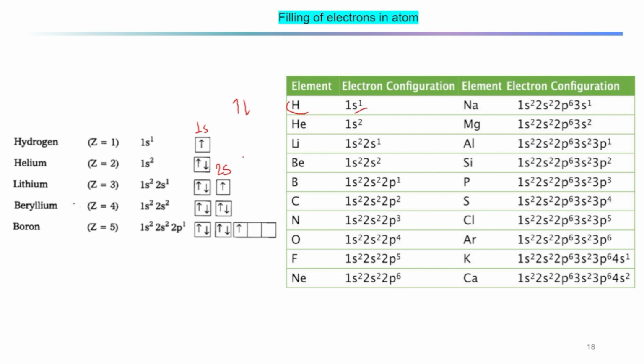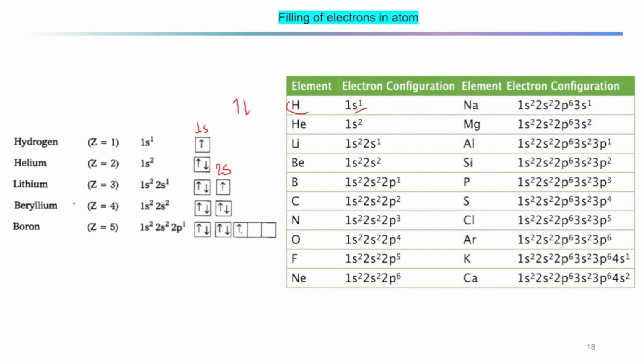When we have only one electron, we write it as up spin, and when the second electron comes, we add the down spin. In the same orbital, both electrons cannot have the same spin. Just try to remember this, that if there are two electrons, both cannot have the same direction. One will be up, one will be down. So in this case, this is up spin, and when we add another electron, that electron becomes down spin.